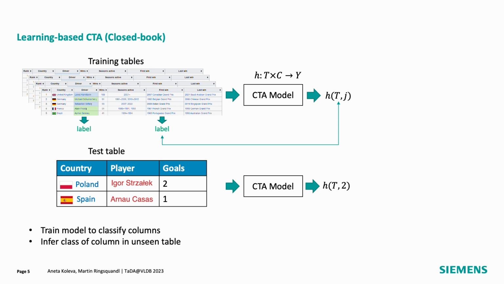Instead, provided that there is enough labeled data for a training set, including labels for columns in the training tables, a classification model H is trained to correctly predict the class Y for the input column J from table T. Then, during inference, the classification model is evaluated on a test set, which includes tables that have not been seen previously, and the model should infer the class of a column in the unseen table based on the knowledge that it gained during the training phase.